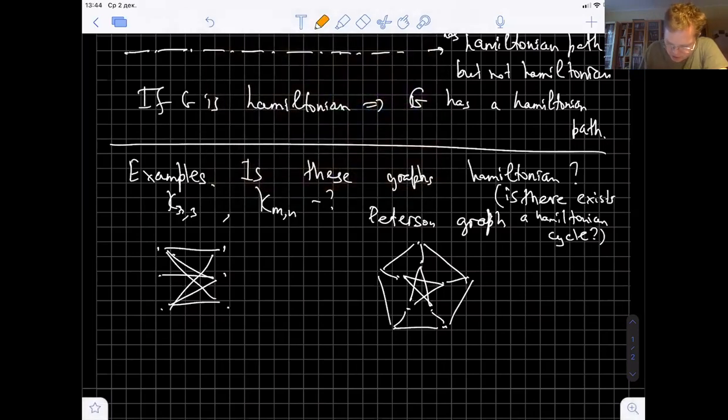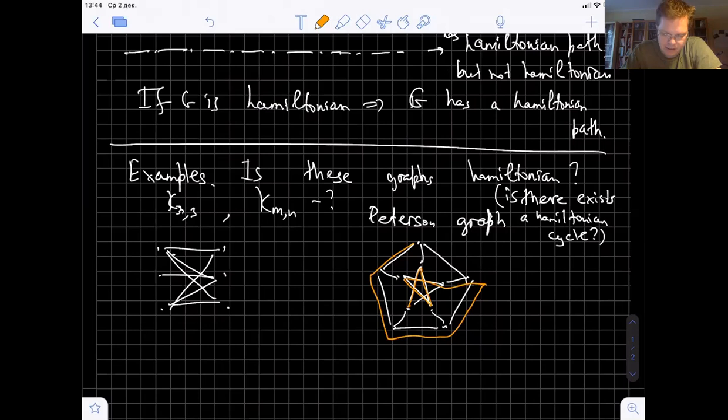Then we can just visit all the vertices in the star. But if you do that, you can go like this, and then like this. Then we go back to the vertex we started from, but that will not be a cycle, because a cycle must contain each vertex only once.